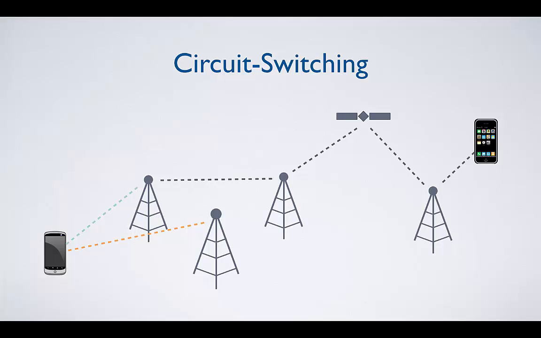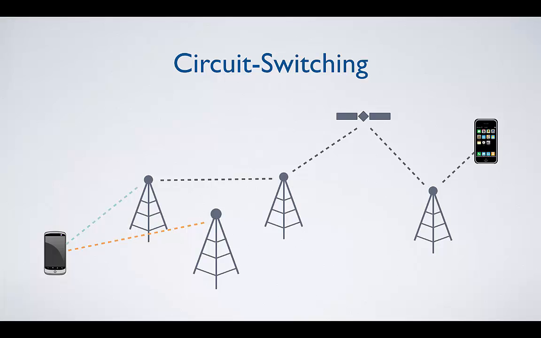Now, modern mobile networks have made that scenario a little bit more complicated, but the idea of a circuit is still there. And the idea that your voice data travels in sequence along a specific path is still there also. One thing that has changed is that circuits can be updated as you're moving geographically with your mobile phone during a phone call, as you get closer to a cell phone tower that is different from the one you originated the call through.